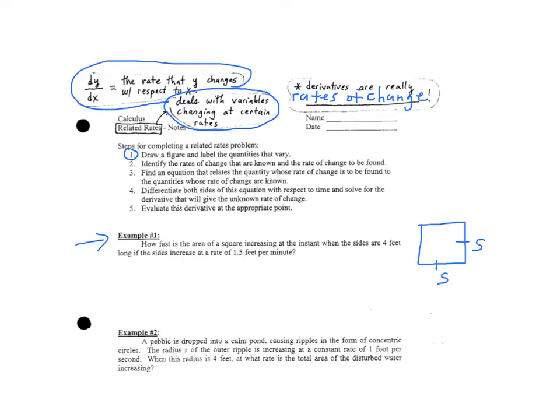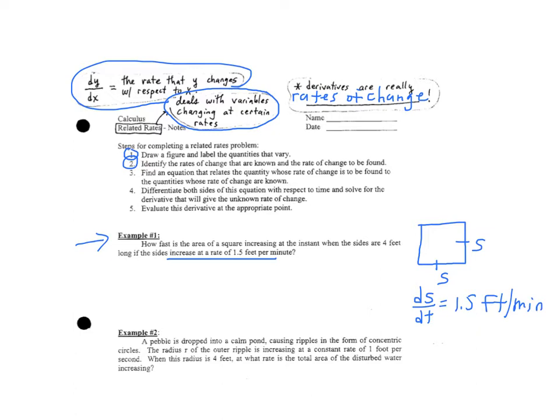The second step is to identify the rates that are known and the rate of change that is to be found. The way we say that the sides are going to increase at a rate of 1.5 feet per minute is we say ds dt equals 1.5 feet per minute.